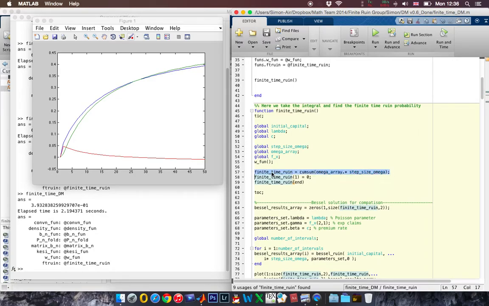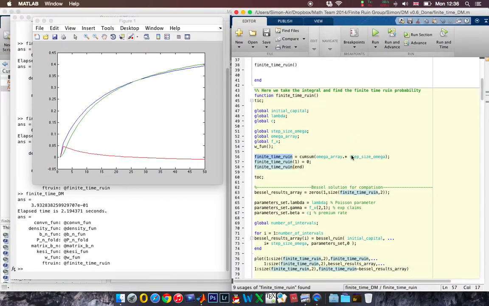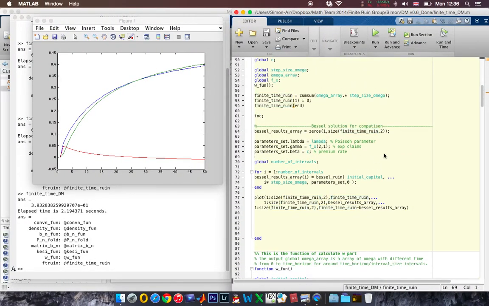And you can see the finite time ruin is a vector that is the integral from 0 to the time horizon of the w we generated here. And in the final step of this function, we implemented the Bessel solution for comparison. As I mentioned at the very beginning of this video, the Bessel function is an analytic solution of finite time ruin with the classical Poisson model where the claims are modeled by exponential distributions.